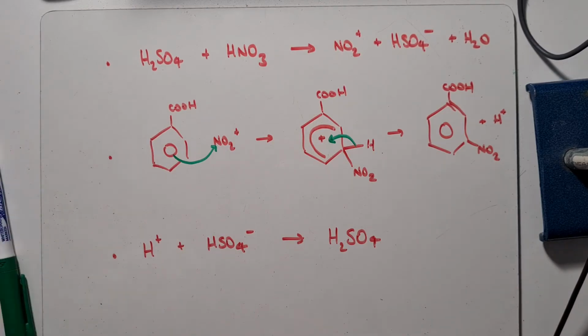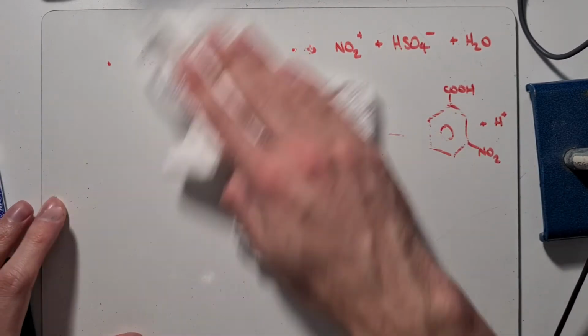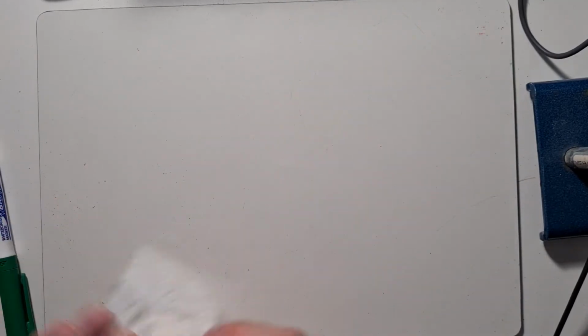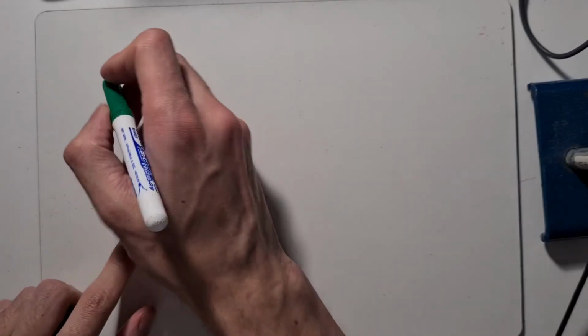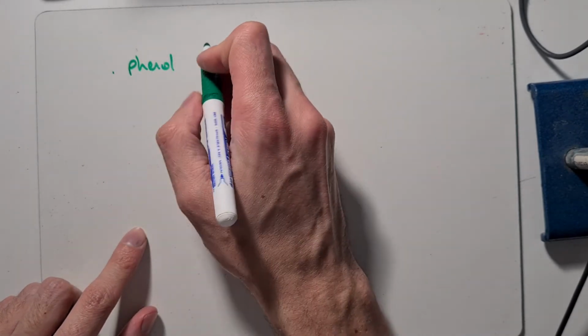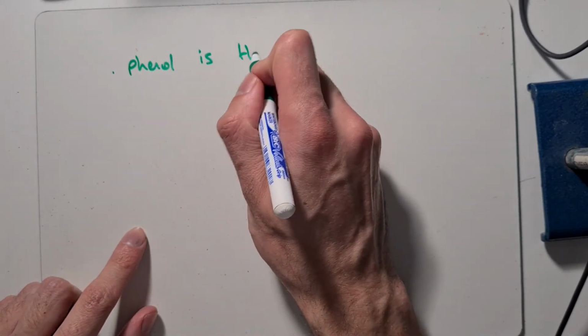In part B, it asks you to explain or state the trend in relative ease of nitration of phenol, benzene and benzoic acid. So you need 2 bits here. Phenol is the most easily nitrated.